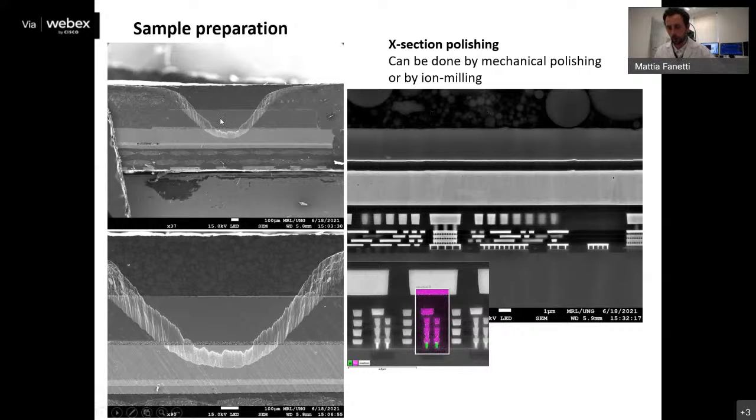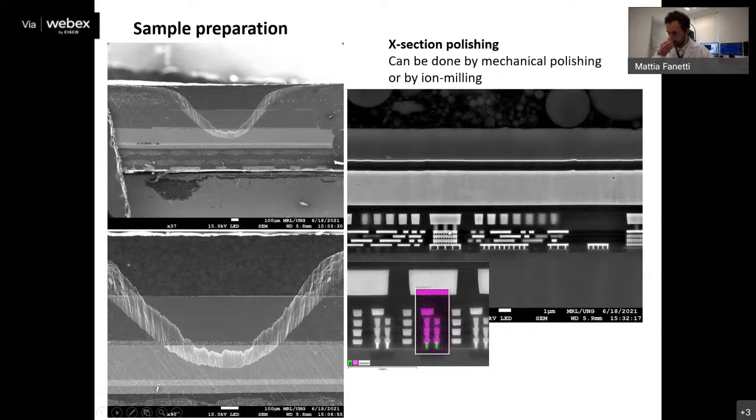If you want to image that part, this is the cross-section polished by argon ion milling, this V shape. If you look closer, you will see this is the insulating case, this is the silicon, this is the nanostructured part. And if you look closer again, you will see this part.